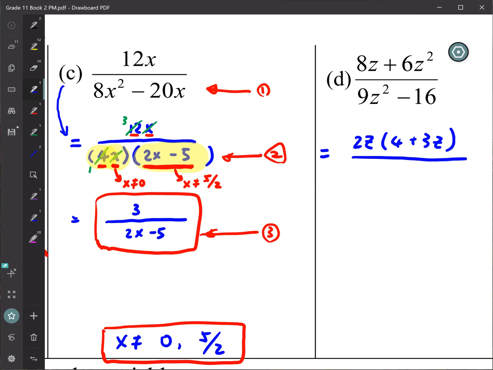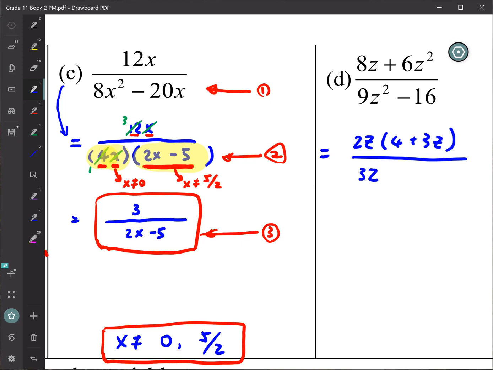Okay, let's let someone else do the denominator. How do we factor the denominator? Let's see. Marcus, how do we factor the denominator? You can divide 9 by 3. I don't know. And you can make it 3z squared and 4 minus 4.